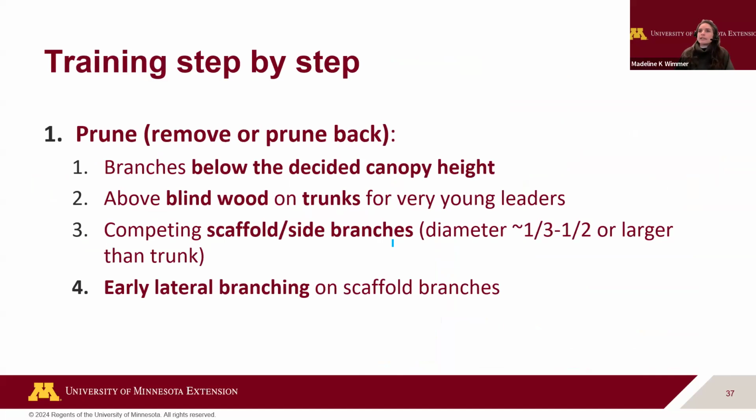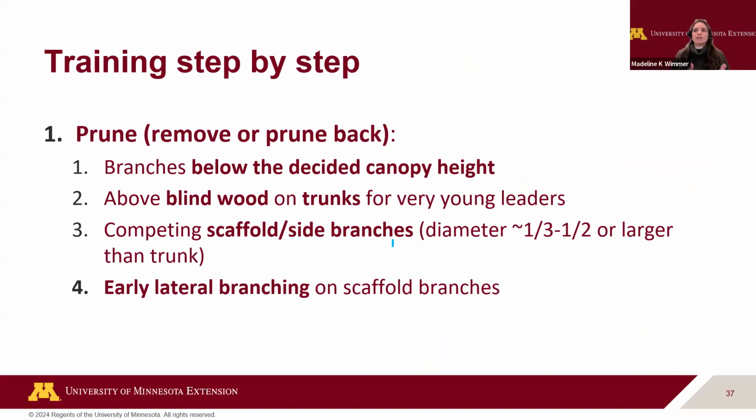So moving forward here, if you want some step-by-step guidance for training a young apple tree after planting, again, we're talking about freestanding trees, not high density here. You can think about growth that you want to be weakening or removing, and growth that you want to encourage.